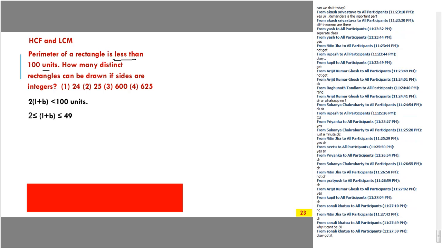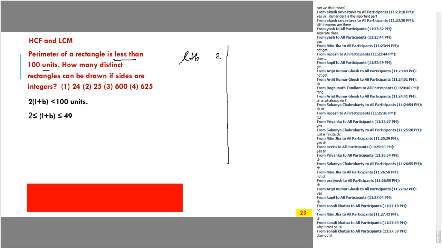Perimeter is given as less than 100. Perimeter is 2 into L plus B, less than 100, and L and B are integers. So L plus B minimum should be 2, maximum should be 49. 2 into L plus B is less than 100. L plus B has to be 49 because it can't be 49.5, as the sides are integers. Are you clear now, Sonali? Is it less than 100 or not? I never said less than or equal to 100.